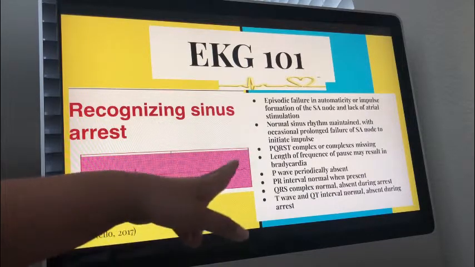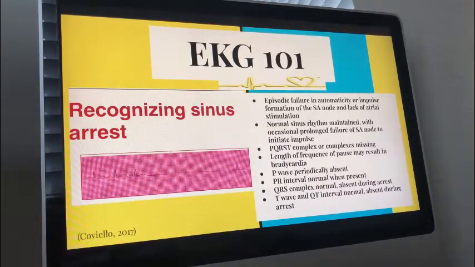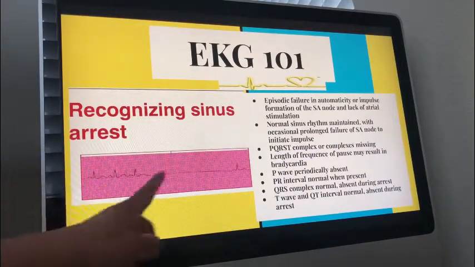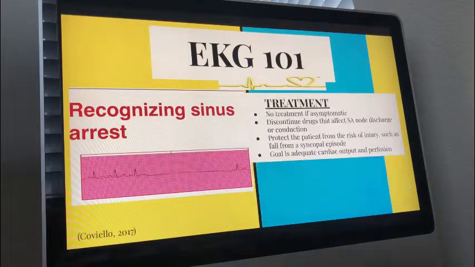The length or frequency of pause may result in bradycardia. The P wave is sometimes absent, and PR interval is normal when the heartbeat is present. Also, the QRS complex is normal, but is absent during the arrest.